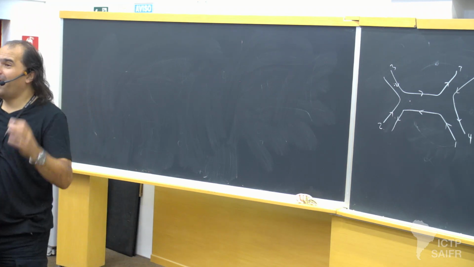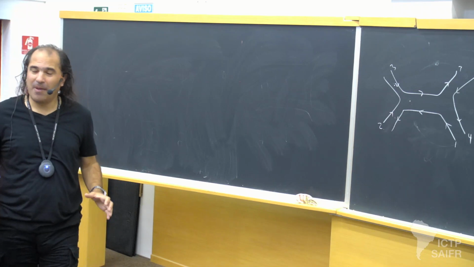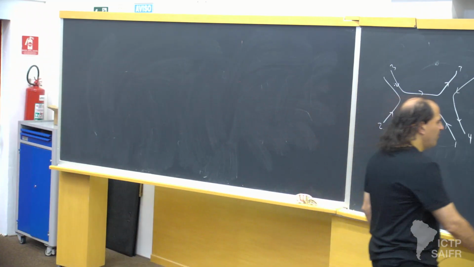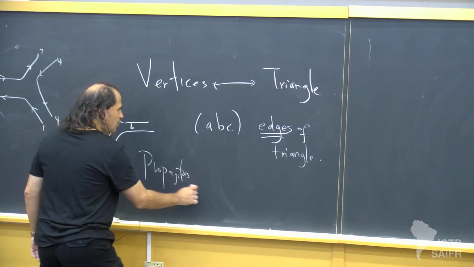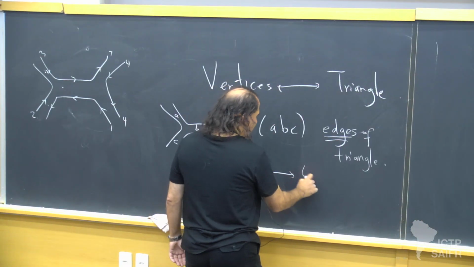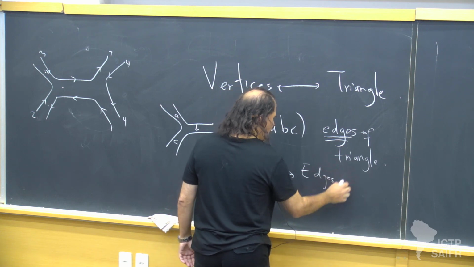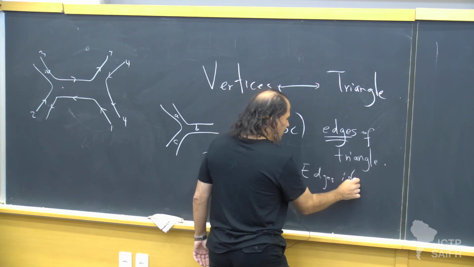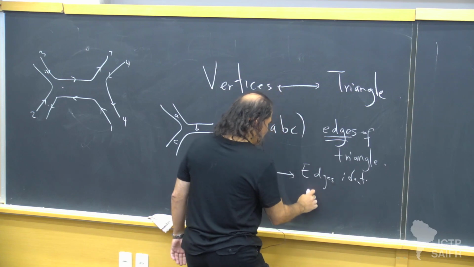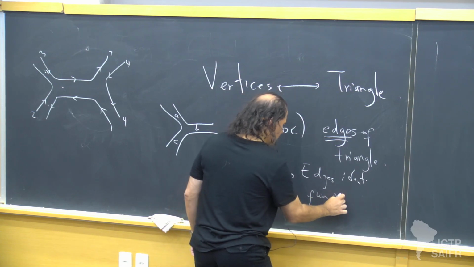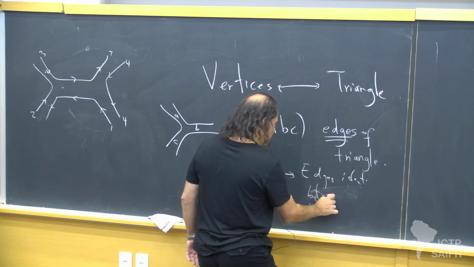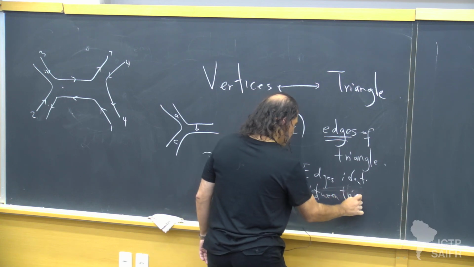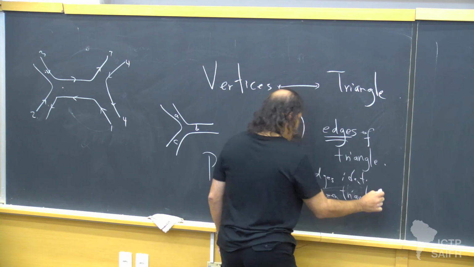It's important to label by edges, okay? So the triangles are labeled by the edges. And then the propagators of the graph tell you how the edges are identified between one triangle and another, between triangles, how they're glued together.